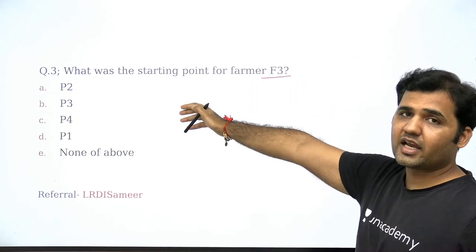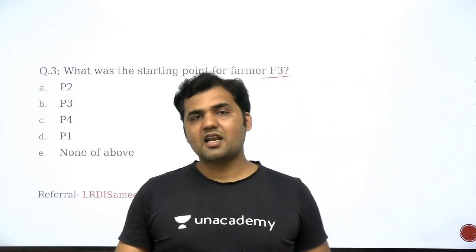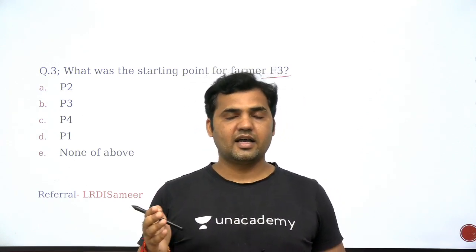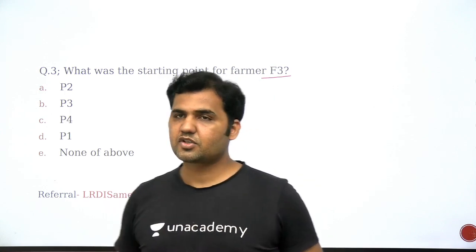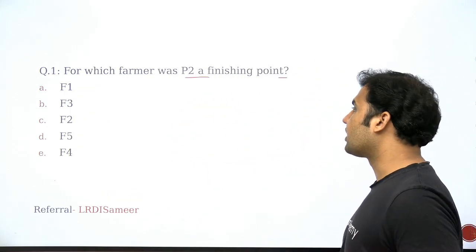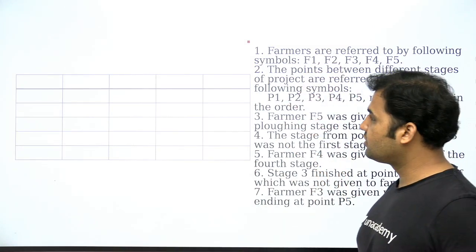So this also gives you an idea that you are supposed to find out the starting point and ending point of every stage, and which farmer is handling the different projects. So these are the points that we are supposed to find out. कौन सा farmer कौन से project को handle कर रहा है वो अपने को find out करना है. So these are the important points that we will be using to solve the set.